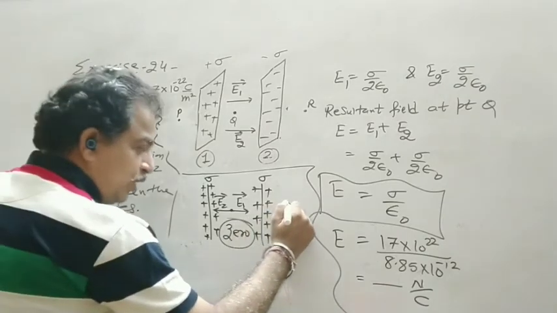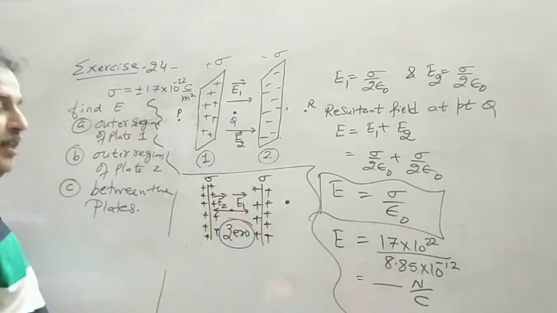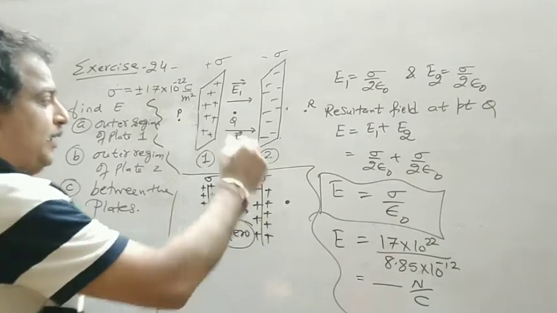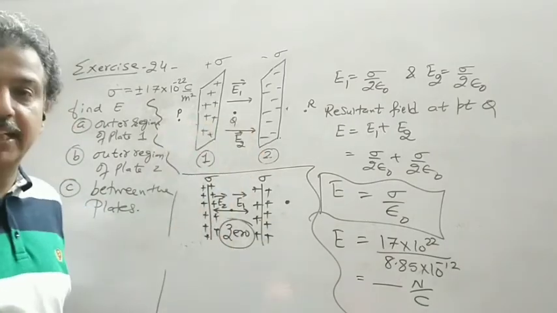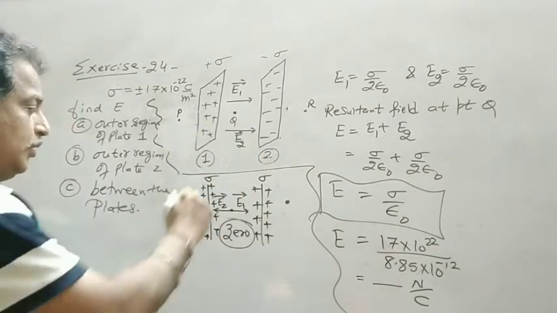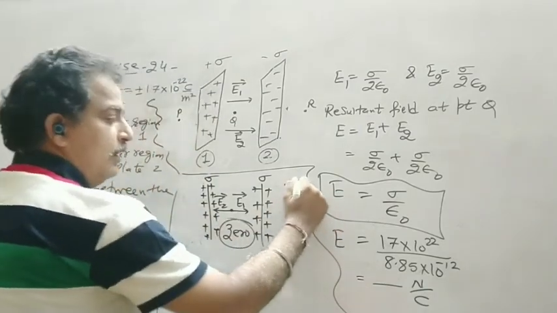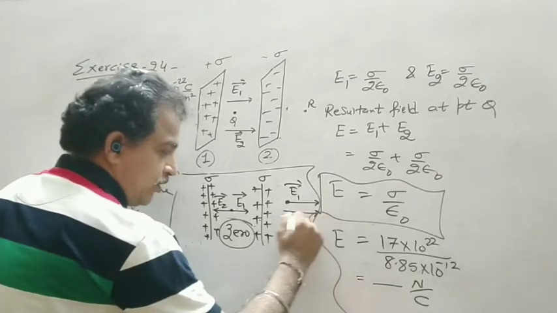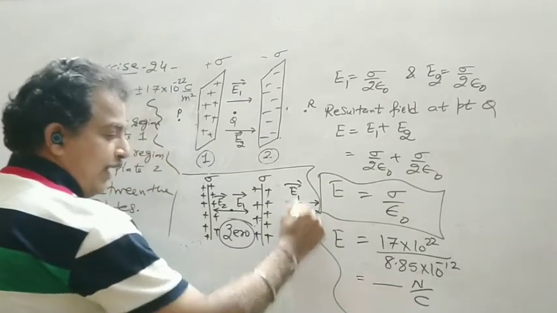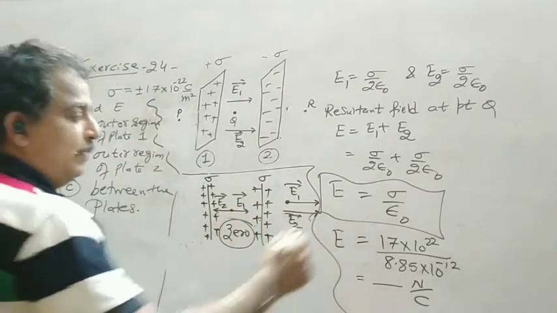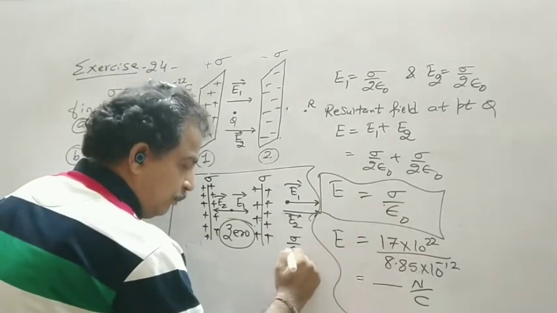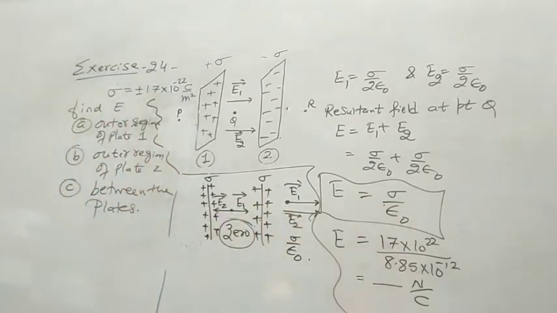And at this point, if I keep a test charge here, you have to remember that in this application the electric field intensity does not depend on the distance. So first plate, repulsion E1. Second plate, repulsion E2. Same direction, magnitude is the same. So again you will get sigma upon epsilon naught outside.